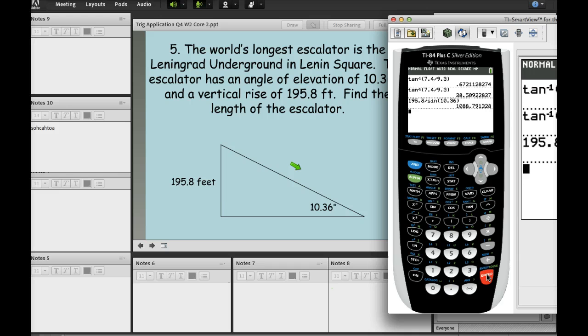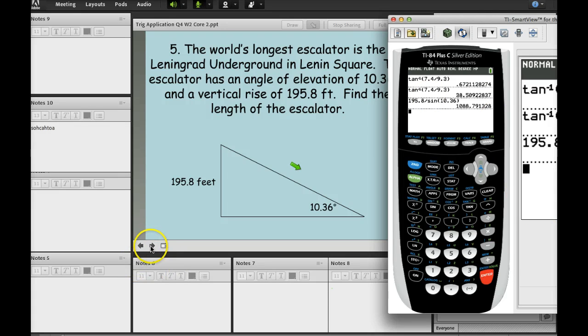So the length of this is 1,088 feet. Okay, make sense? And it kind of does because the angle isn't very high, but it's going up. If you just think about the way that it's going to look, that's a long way to go.